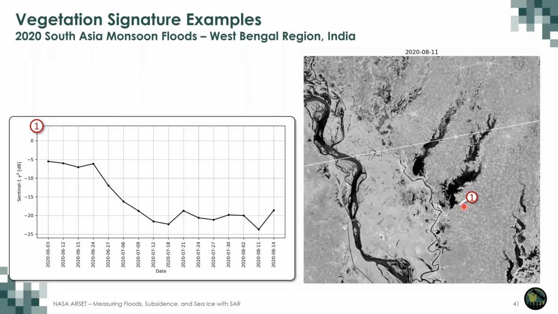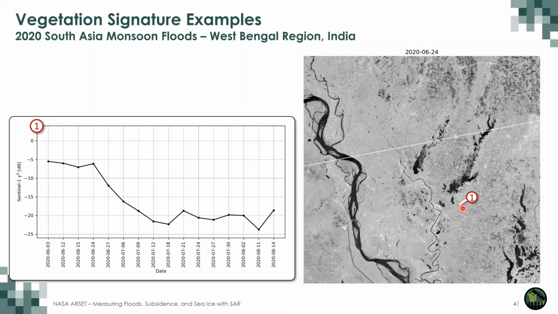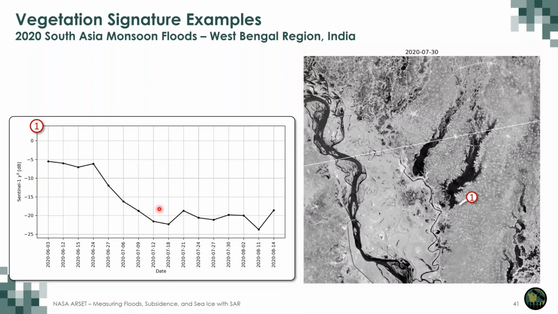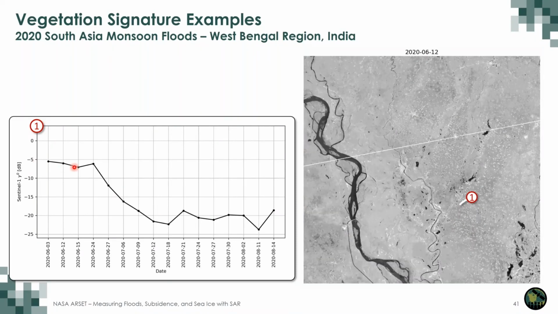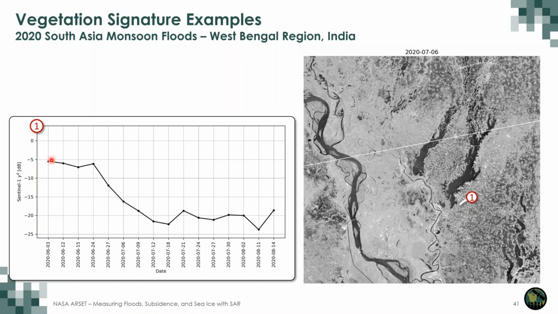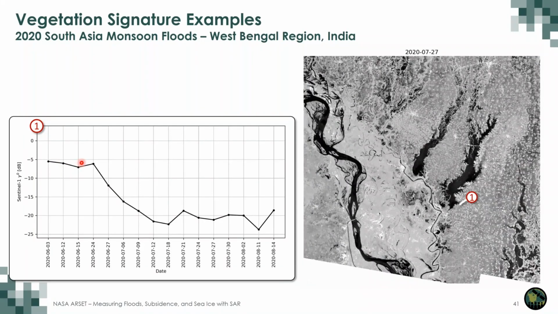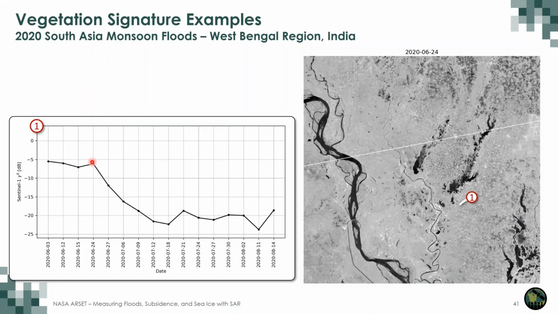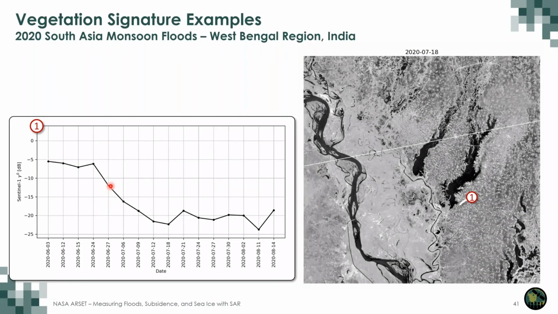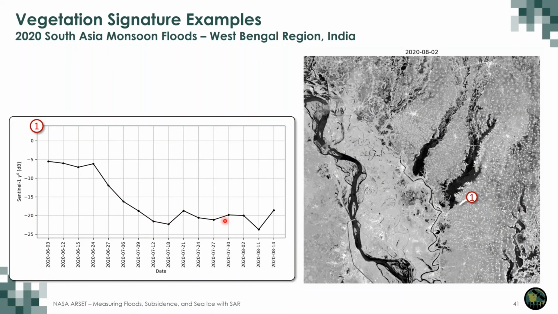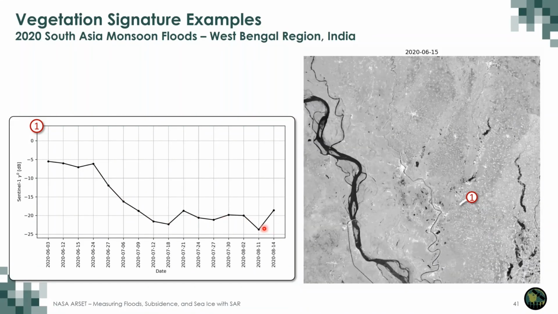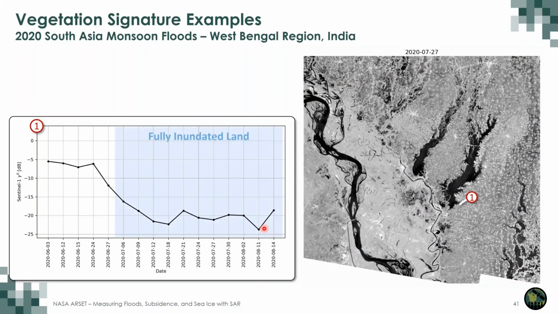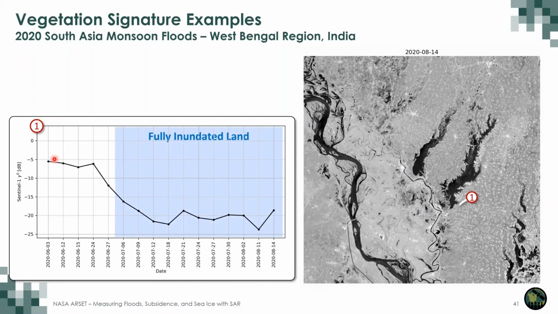Now we can pick a pixel in this data set. We're picking this pixel over here, indicated by this symbol in the map. And if we look at the time series for this pixel, you see a graph here shown on the left. You see we have an early phase where scattering is fairly stable at about a brightness of -5 decibels. And then the radar brightness gradually decreases and settles into a much lower radar brightness at about -20 dBs. You can interpret this in the following way.